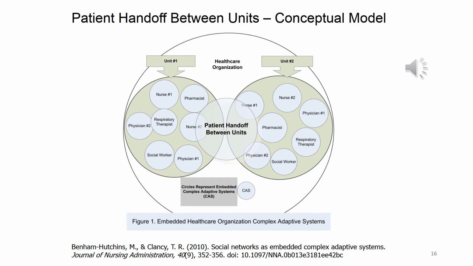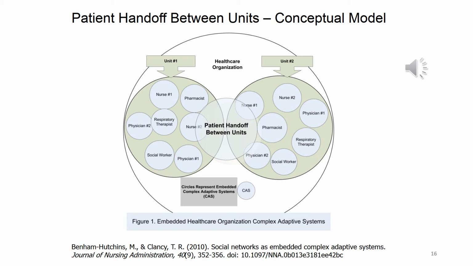What exactly did I mean by complex adaptive systems being embedded? This diagram illustrates how the individuals are complex adaptive systems that have the ability to adapt and respond to the environment. The units themselves, the admitting unit and the emergency department, are complex adaptive systems that are embedded within the healthcare organization, which once again has a lot of things that influence it.